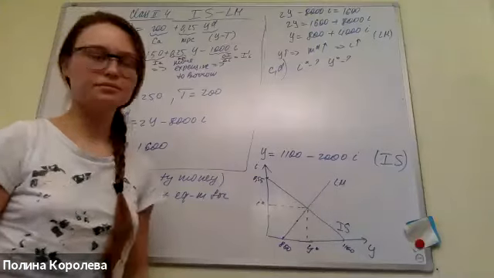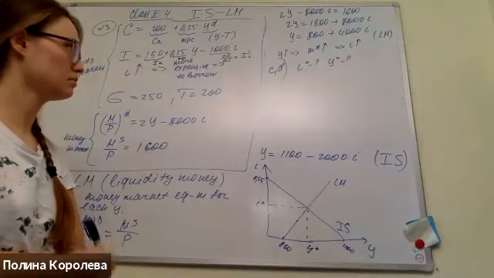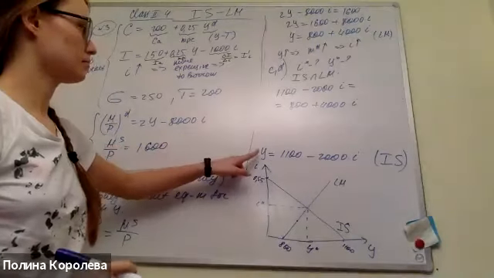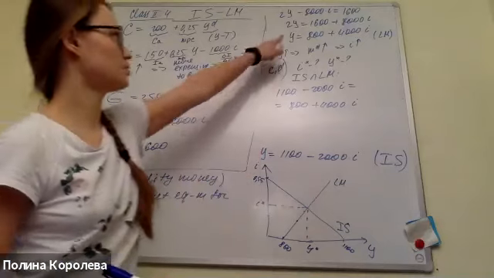So how to do it, Anastasia? Do we just need to, like in supply and demand, have equilibrium GDP equal: 1,100 minus 2,000 multiplied by I, and it should be equal to 800 plus 4,000 multiplied by I. Yes, here we will find I. We equalize GDP in IS and GDP in LM.